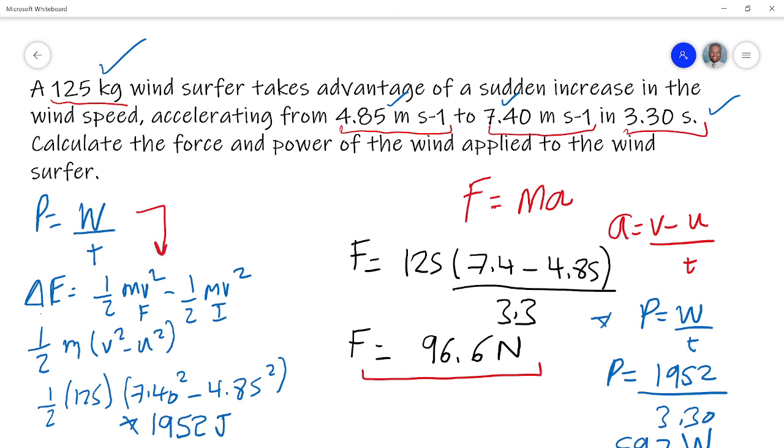I've got my force, but I don't know how to calculate my distance. But then you realize, hang on, the unit for work is also the same unit for energy. We've got the mass, which is 125, and your initial and final velocity. So in your mind, you know that there's movement, therefore there's kinetic energy, a change in kinetic energy, final minus initial. That's how you get your work, and then eventually divide it by your time to get 592 watts.